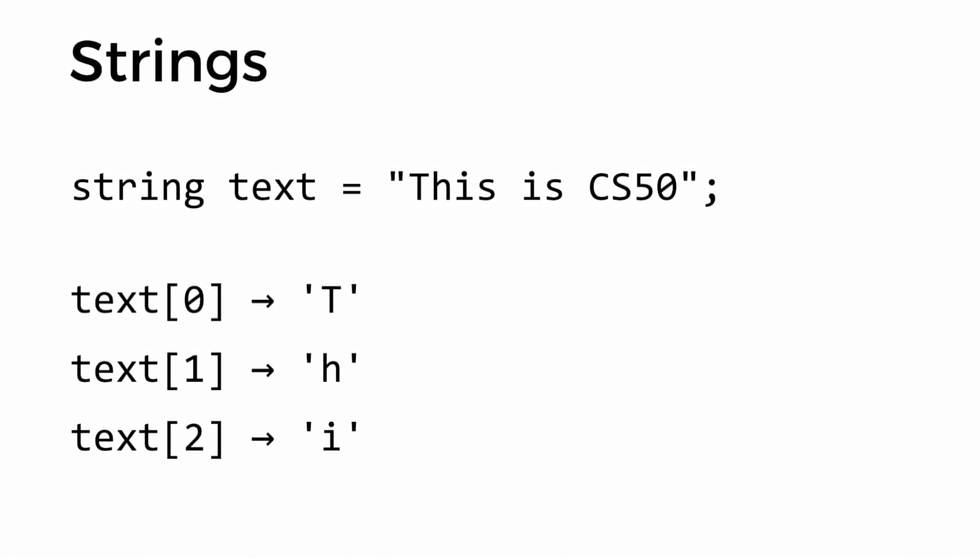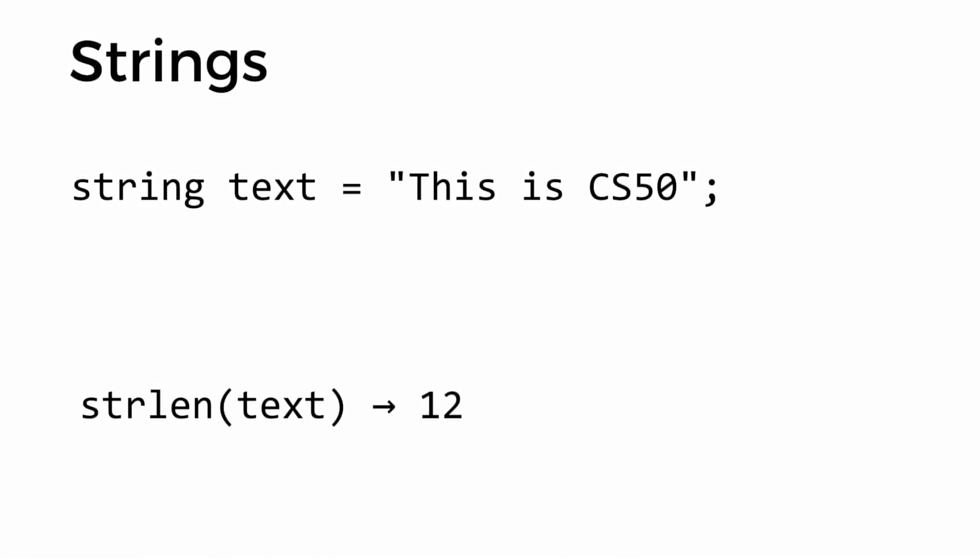How do I know how many characters are in the string? Well, there's another function called strlen, short for string length, that will take a string and tell you how many characters are in it, in this case 12.